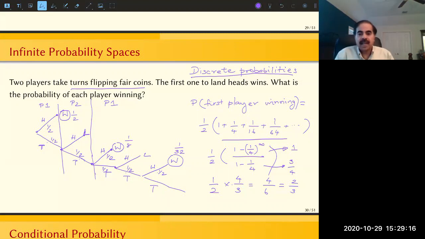So the first player has a 2/3 probability to win, whereas the second player obviously can win, but only with the probability of 1/3, right? Any questions?